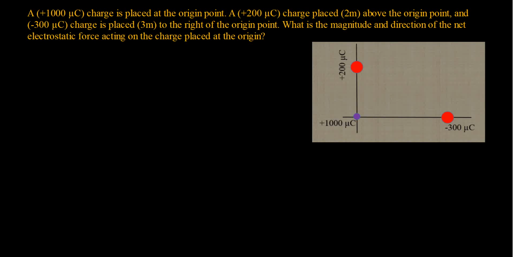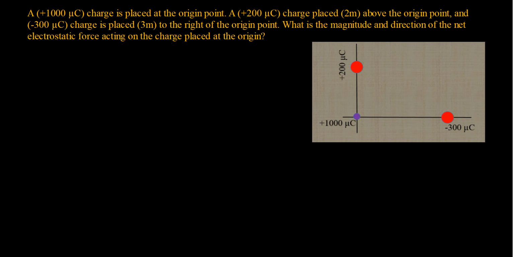So our target is the charge at the origin point, the one colored with purple. This one here, that's our target. And as you can see from the description, this is the one on the right, on the positive x-axis, the negative 300 microcoulomb. And this one here is the one located above the origin point by 2 meters.